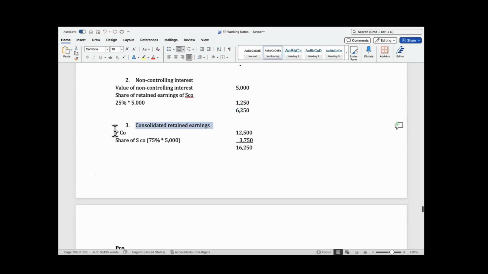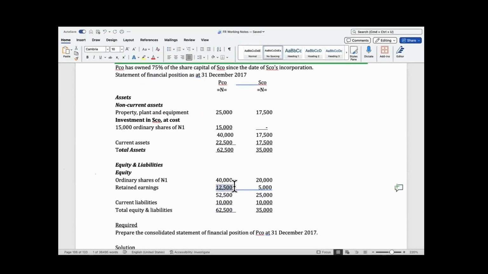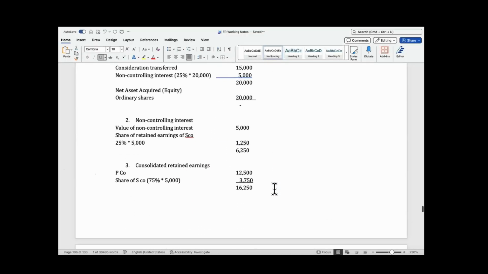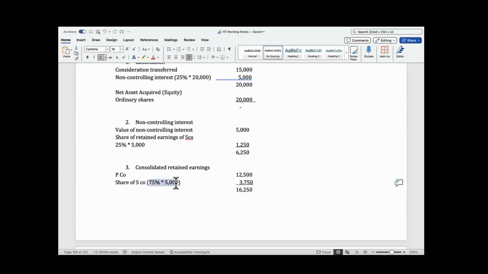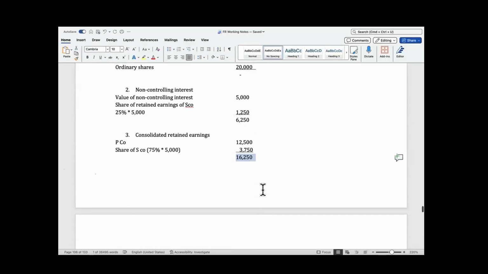It is the retained earnings of the parent, which is 12.5, as seen here, plus the parent's share of this, which is the remaining 75% of this 5,000. I add the two together, it gives me 16,250. Then I can go ahead and consolidate.